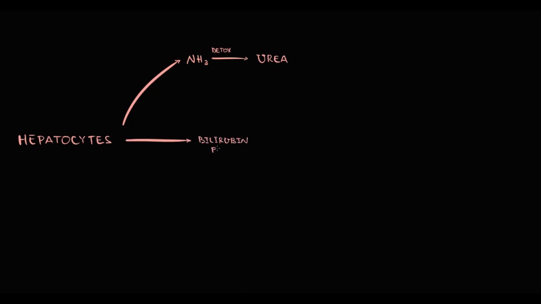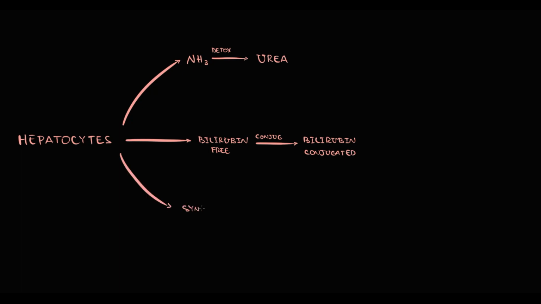To explain the clinical symptoms of autoimmune hepatitis, we have to recall the function of hepatocytes. First of all, hepatocytes provide detoxification of ammonia. They convert ammonia molecules into urea, which is a less toxic substance. Also, hepatocytes provide conversion of free bilirubin into conjugated bilirubin. And as we know, conjugated bilirubin is a substantially less toxic substance.